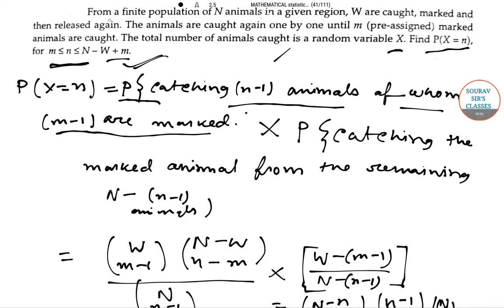So the question goes like this: from a finite population of N animals in a given region, W are caught, marked and released again. The animals are caught again one by one until m marked animals are caught. The total number of animals caught is a random variable capital X. So we have to find the probability capital X equals small n for m less than or equal to small n less than or equal to capital N minus W plus small m.